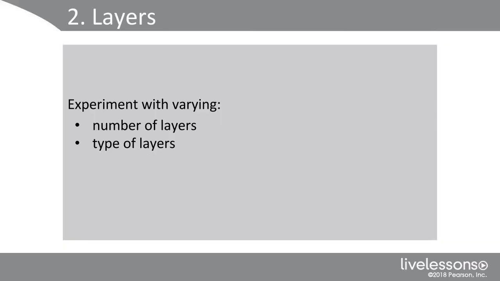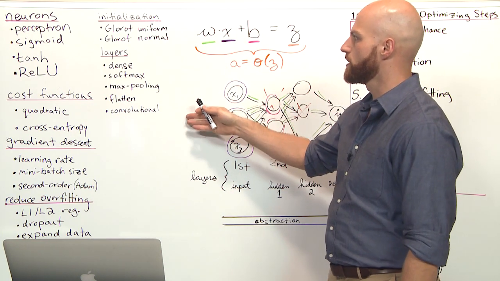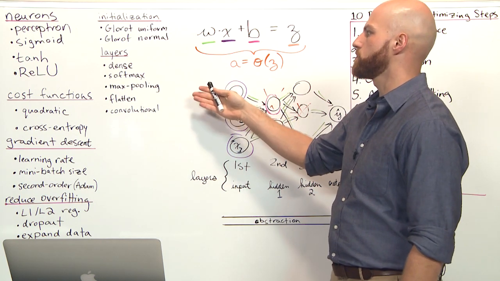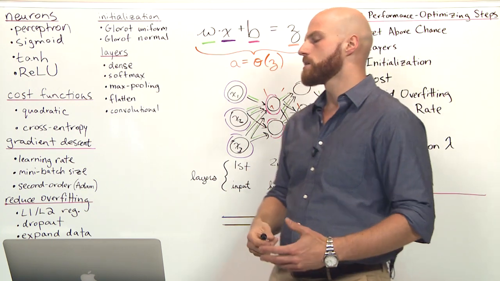In addition to varying the number of layers, you might want to consider varying the type of layers. We've gone over a number of different kinds of layers here: dense, softmax, max pooling, flattening, and convolutional layers.